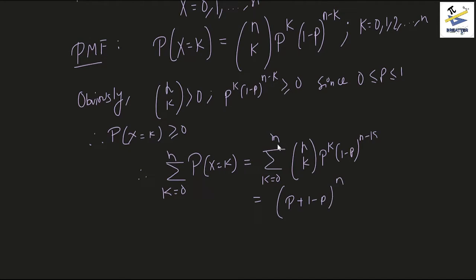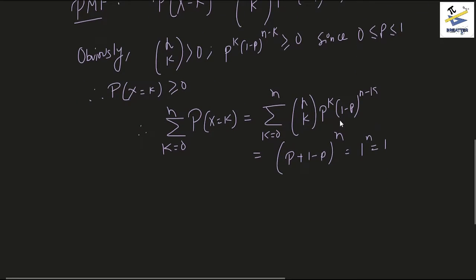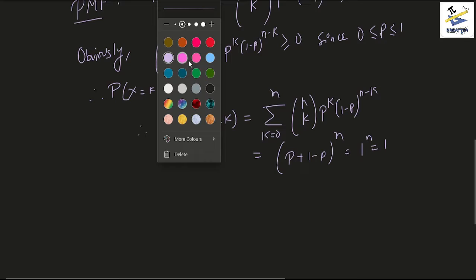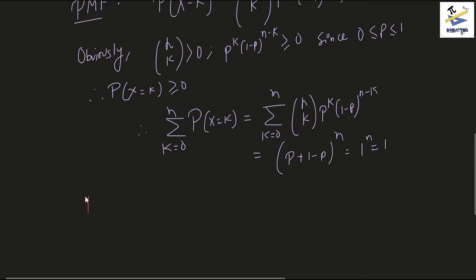If you do not really understand how the binomial distribution corresponds to the binomial formula here, this is the expansion of the formula. I will just write a note below which will explain why this is so. It is 1 to the power n, which is 1, and this can be derived from the following formula. This will be taught in the lessons of algebra, but the proof is not really needed in this section.